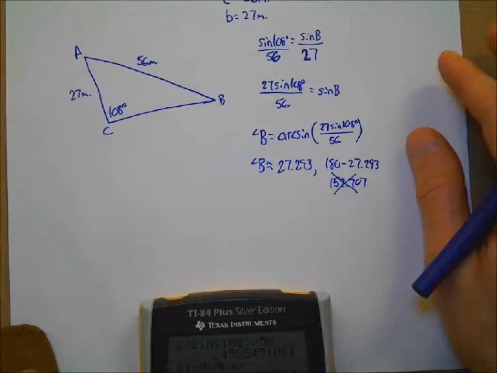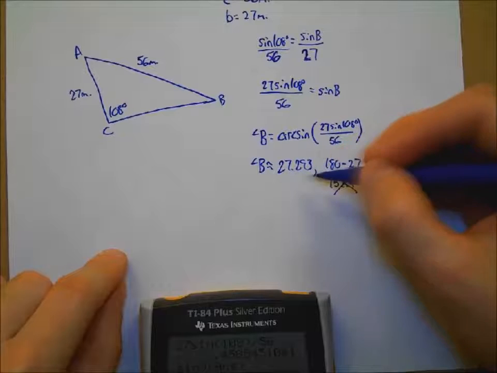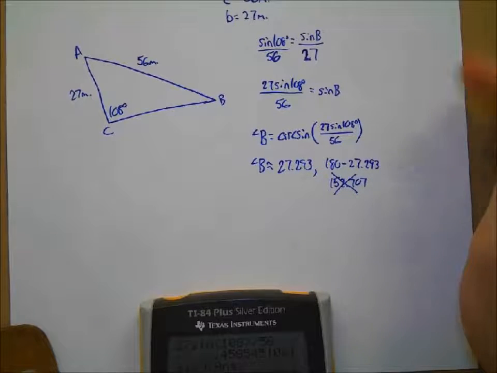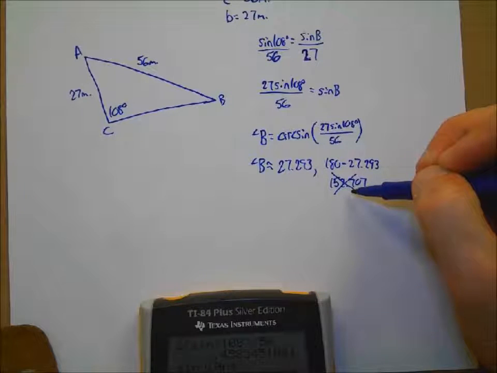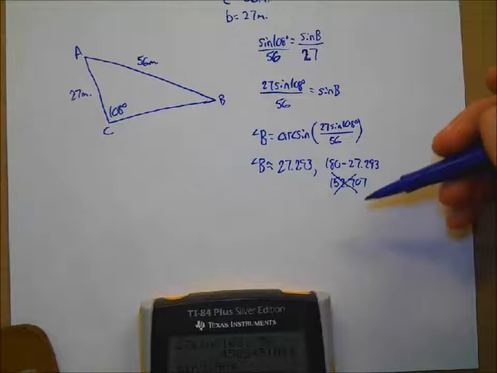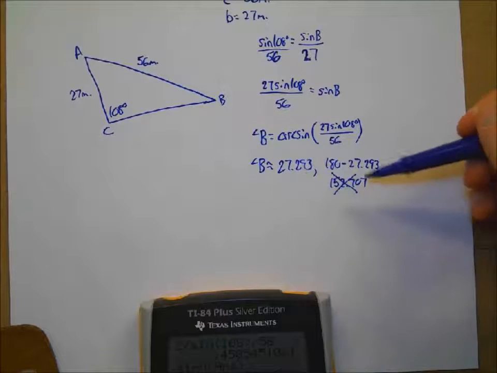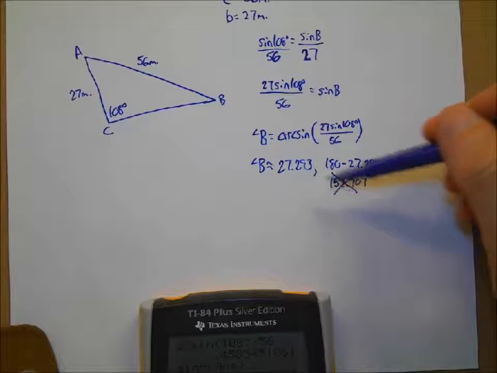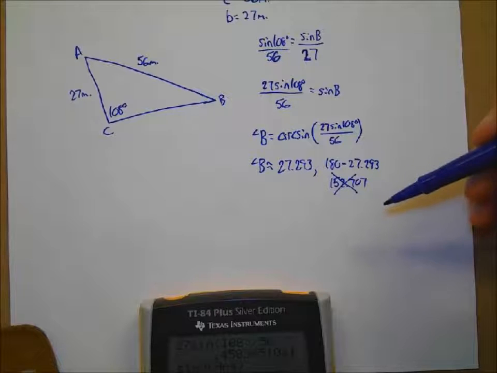The one where angle B is 27.293. There could be other scenarios where both of these angles work. Given the information that you have, both could work, which would then create two possible triangles. One where angle B is 27.293, and one where angle B would be the supplement to the 27.293. That's how you get those two triangle possibilities.